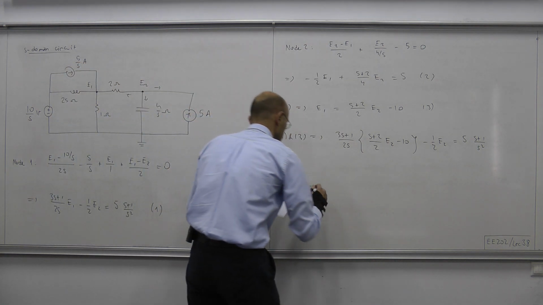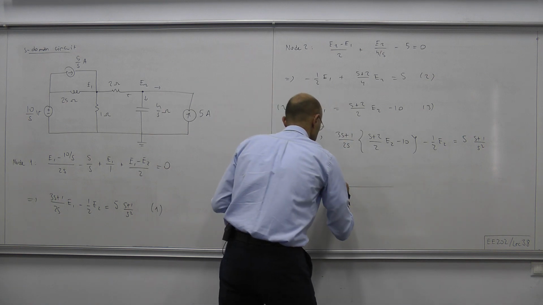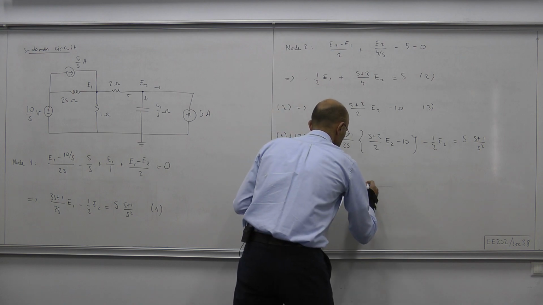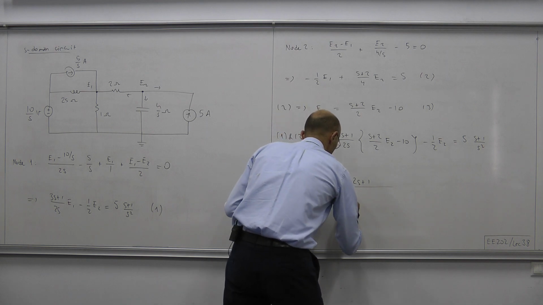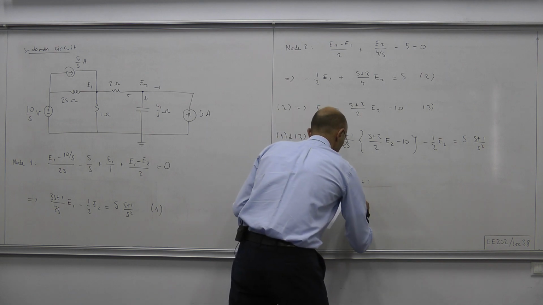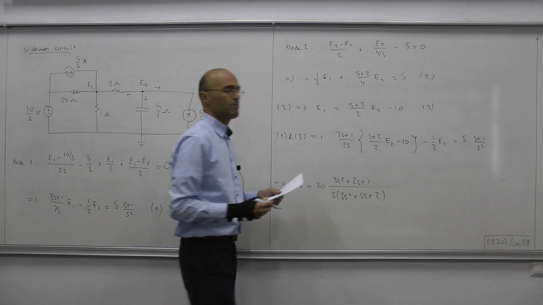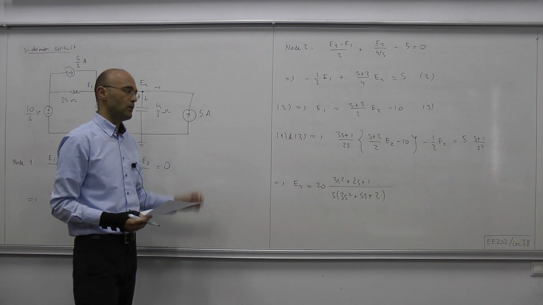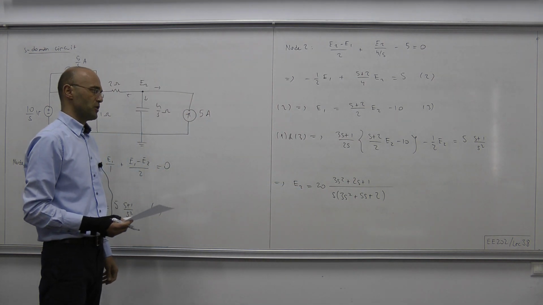E2 equals 20 times 3s squared plus 2s plus 1, and then the denominator is s times 3s squared plus 5s plus 2. Okay, so I have skipped the middle steps, they're a little long. In the end, this is what we obtain, a rational function.